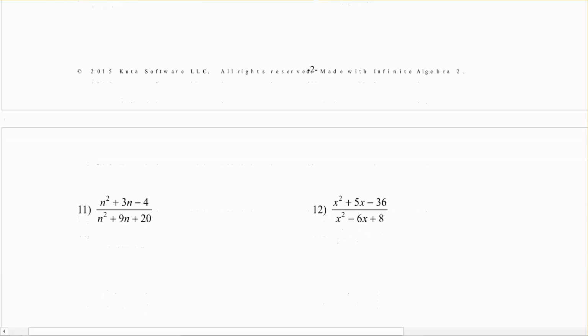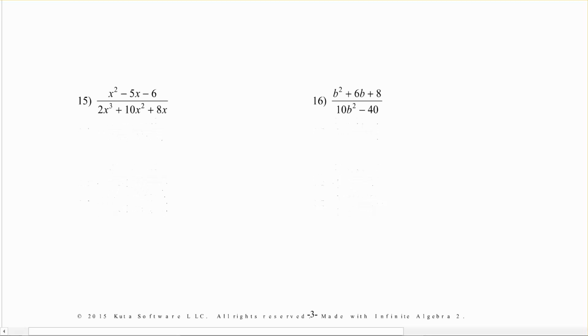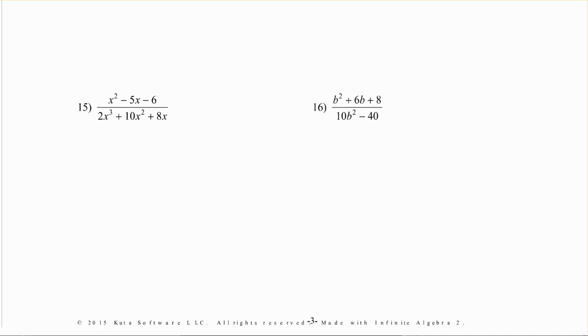Let's go to 15 just to do a little bit tougher one. So if we're looking at this one, we're going to do the same thing. We're looking at the denominator here, and we need to figure out what x is not allowed to be to make it equal to 0. But this is pretty hard to tell from looking at it this way, right?